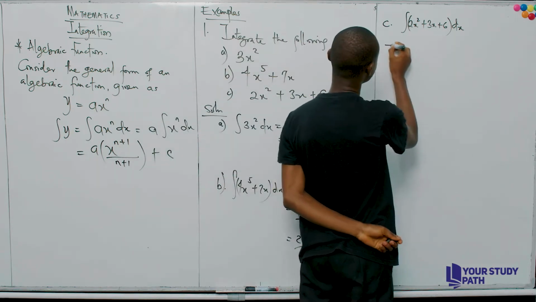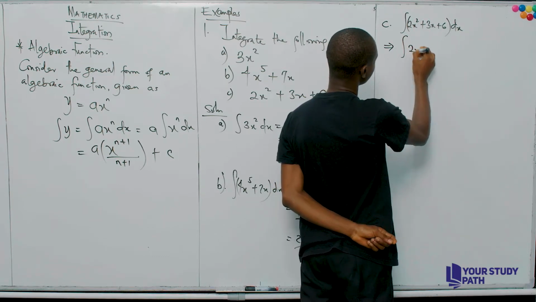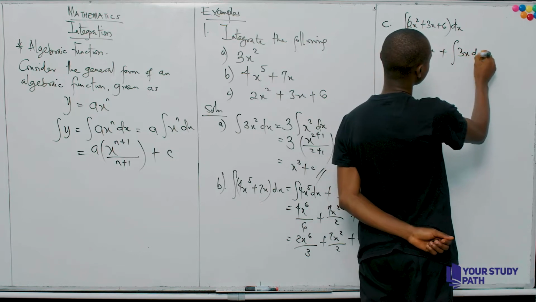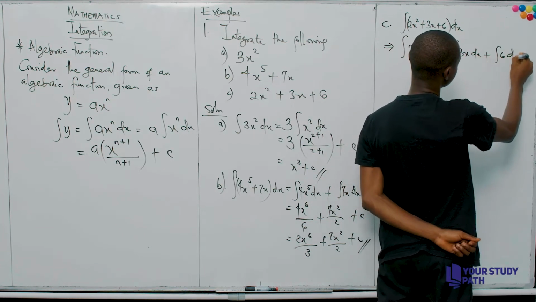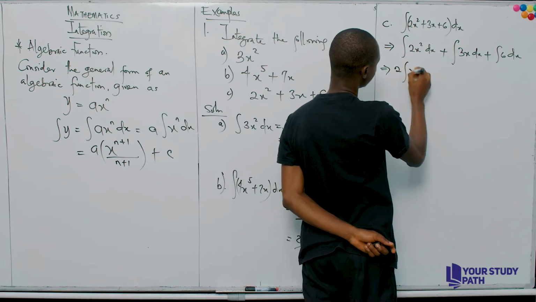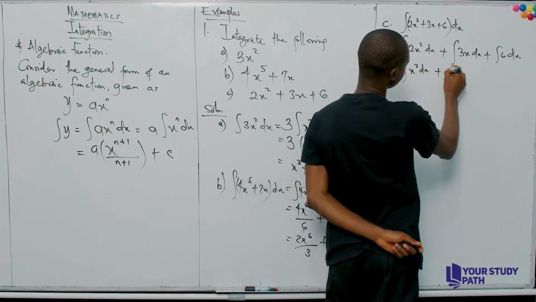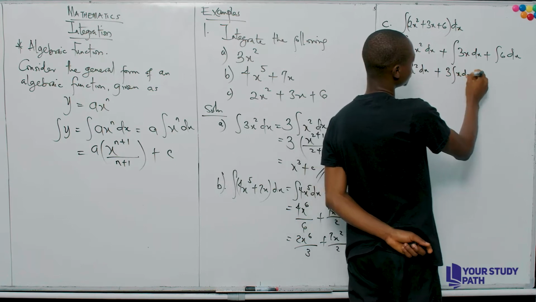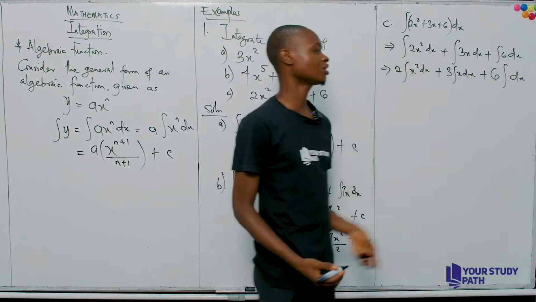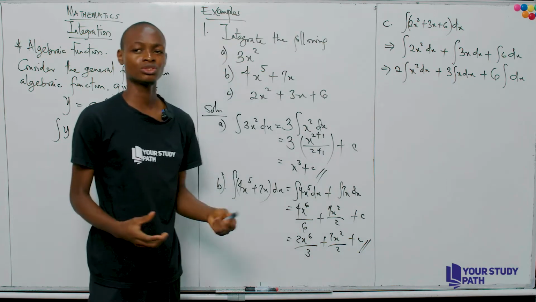Again, we can split this as an additive function, integral of 2x squared dx plus integral of 3x dx plus integral of 6 dx. Interesting. And then, again, the constants can come out: 2 integral of x squared dx plus 3 integral of x dx plus 6 integral of dx. Now, you might wonder, I have integral of dx there. There is no variable.